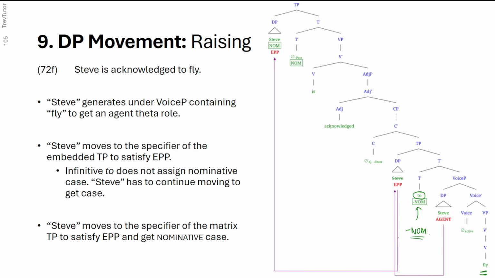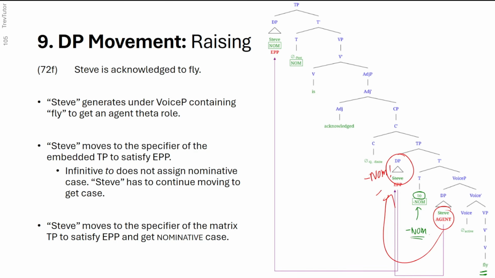It does not allow it. So what's going to happen is Steve will start as an agent next to fly under the voice phrase. It's going to move up to satisfy EPP of the smaller clause because every TP is going to need to have a subject, but it doesn't have case. So this can't be grammatical at this point.